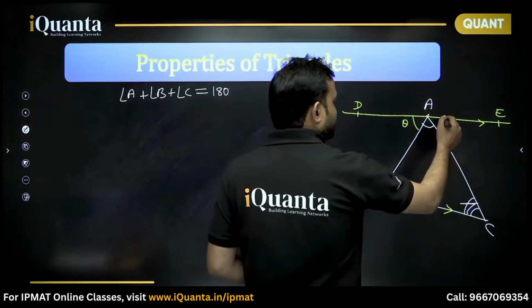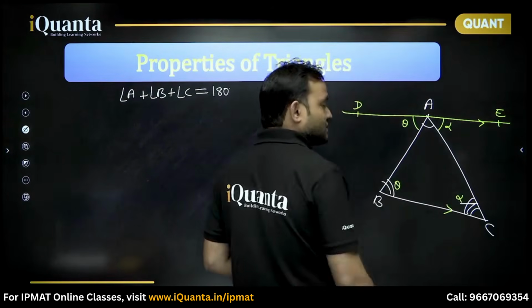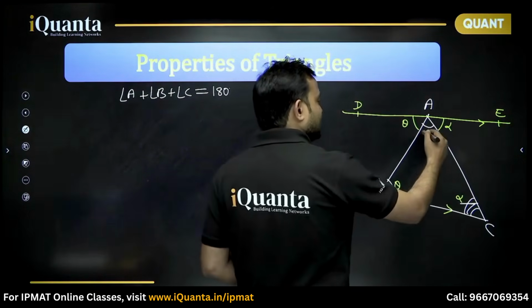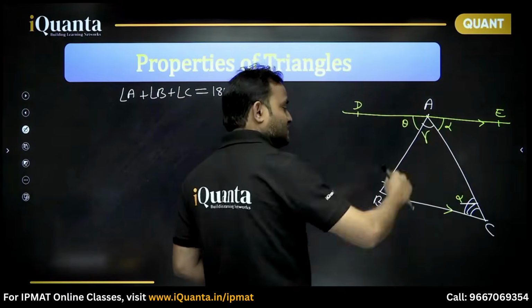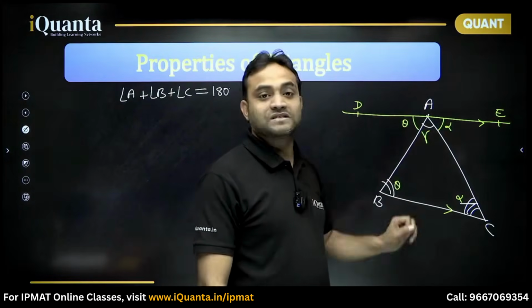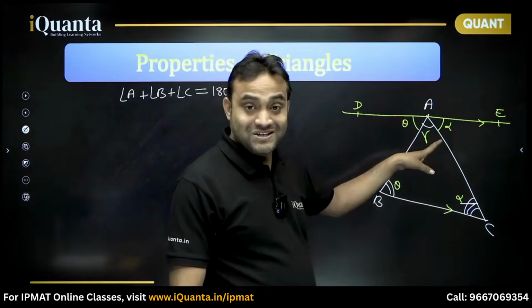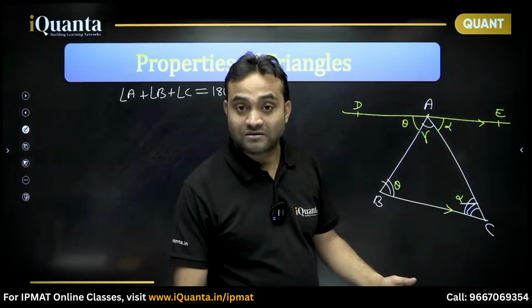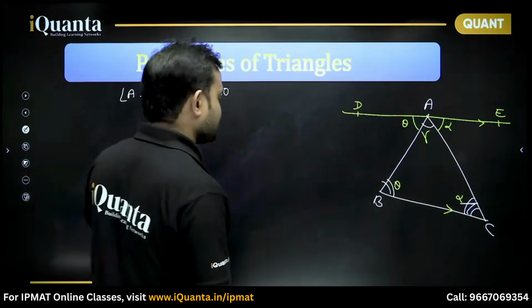Similarly, if this angle is alpha, this angle will also be alpha, right? And if this angle is gamma, then the sum of all three angles of this triangle will be equal to theta plus alpha plus gamma. As you can see, the sum of these three angles is nothing but a straight angle, which is nothing but 180 degrees. So that's how we get this.